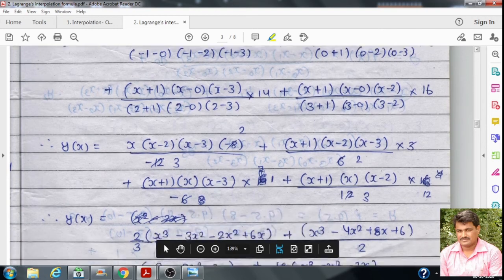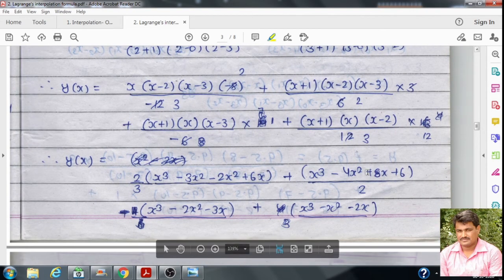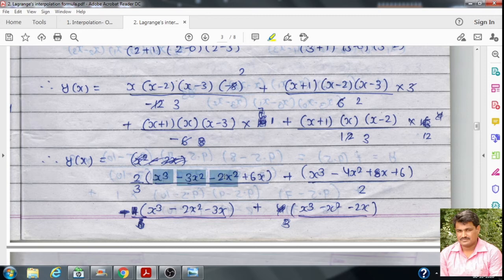After that, here we need to develop a polynomial. Then we multiply x to this whole bracket, both brackets. It means multiply the first, second and third factors and simplify, and you get this equation. Similarly, in the second term, we simplify and multiply the polynomials, linear factors, and you get the second polynomial.